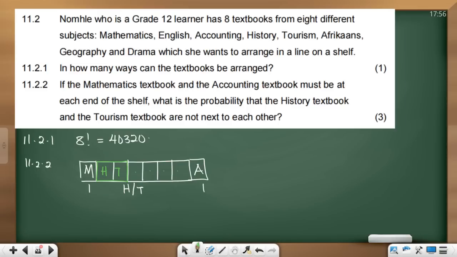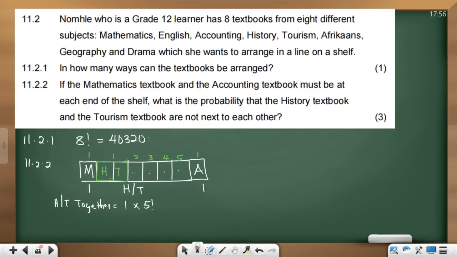So in total, what do we have? We have 1, 2, 3, 4, 5, 1, and 1. What would that be? That is history and tourism together. 1 times 5 factorial.